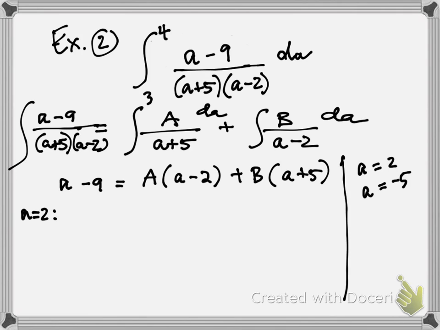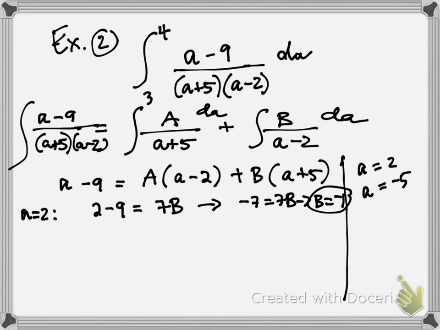Our equation becomes 2 minus 9 equals, when I plug in 2 here, the a disappears. When I plug in 2 to the b, that becomes 7b, right? And so this turns negative 7 equals 7b, which gives us b equals negative 1. So we now have the b.